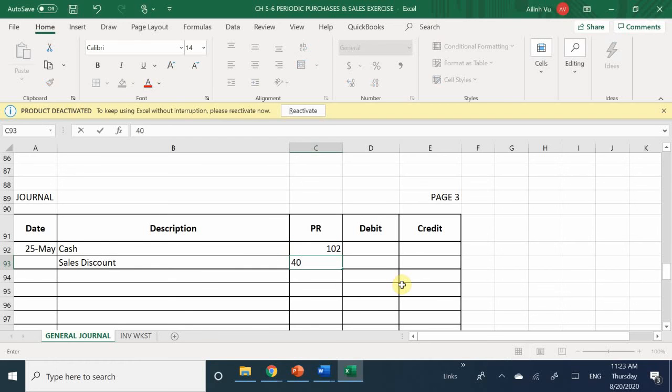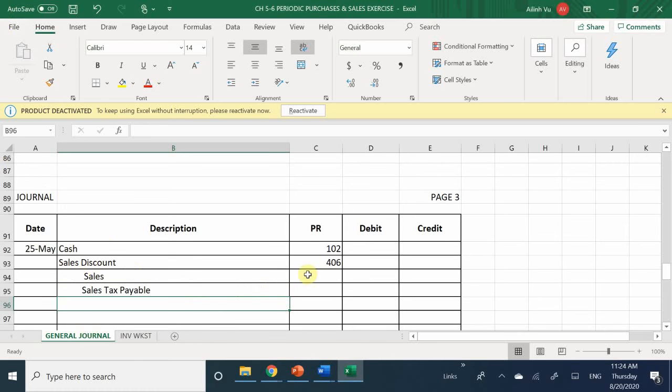Sales. Yes, sales. Not sales discount, because sales discount is already above there. Can we do a sales account? This is just a sales account? Yes, but there's one more thing that we need to include: sales tax payable.